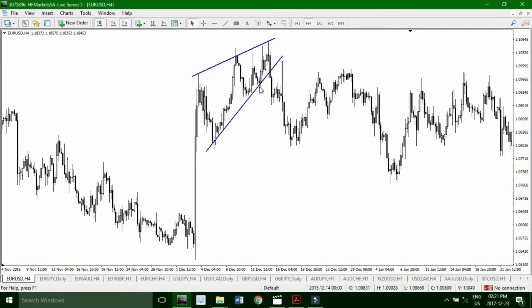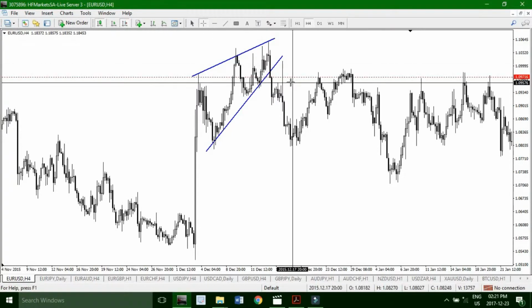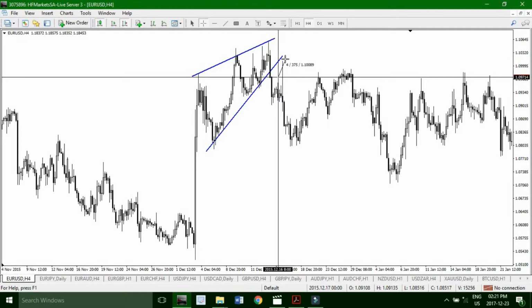So there it is. We had our breakout on the support trend line, and if we were to trade this, we'd be looking at entering our trade right at this level. If we were to place our stop loss, which is 500 points, it's exactly right over here on our resistance.